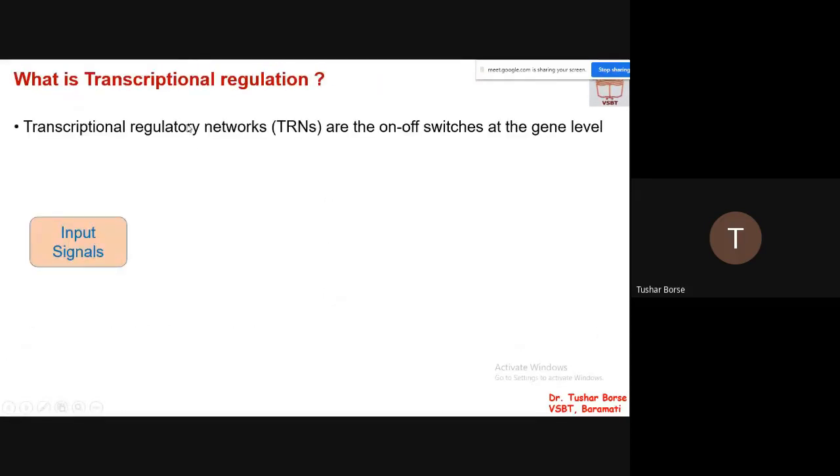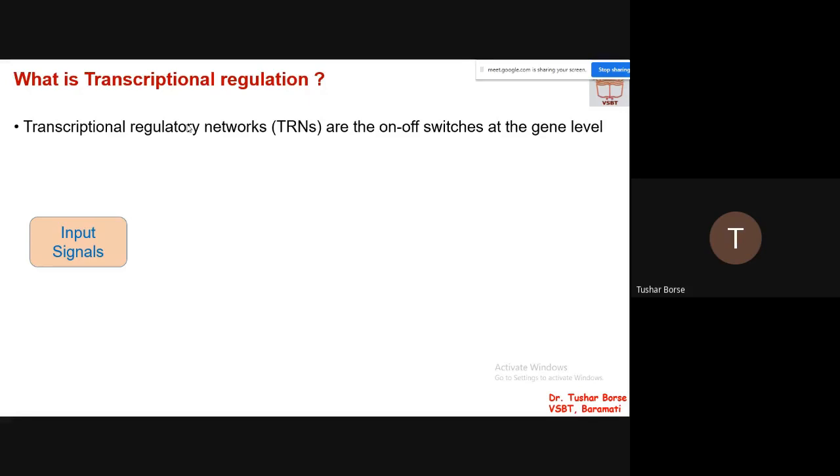So the actual point we are trying to understand is about transcriptional regulation. It's not actual transcription, but the regulation; why it is very important. Within that you have a type of regulation called transcriptional regulation.